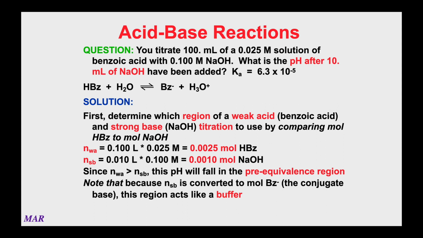But that 0.0010 moles that were subtracted has turned benzoic acid into the benzoate ion. So 0.0010 is also going to reflect the moles of this benzoate ion. The conjugate base pops out as you add strong base to it. The strong base has knocked itself out, but there will now be weak acid and conjugate base. It's going to be like a buffer.